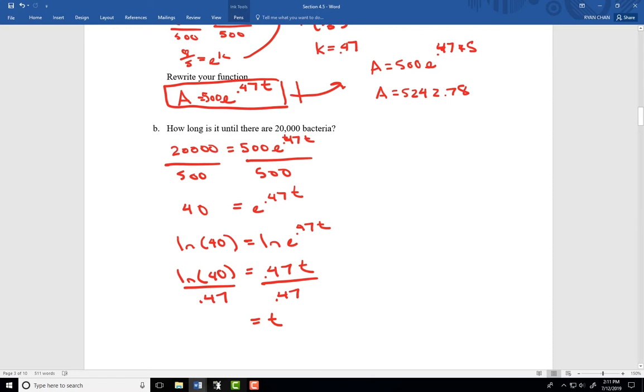Put it in my calculator, and I should get 7.84 hours. And that's my final answer right here. You want to make sure you know what to plug in for what. Notice I'm not putting 20,000 for t, because 20,000 is the new amount of bacteria. It does not represent the time.